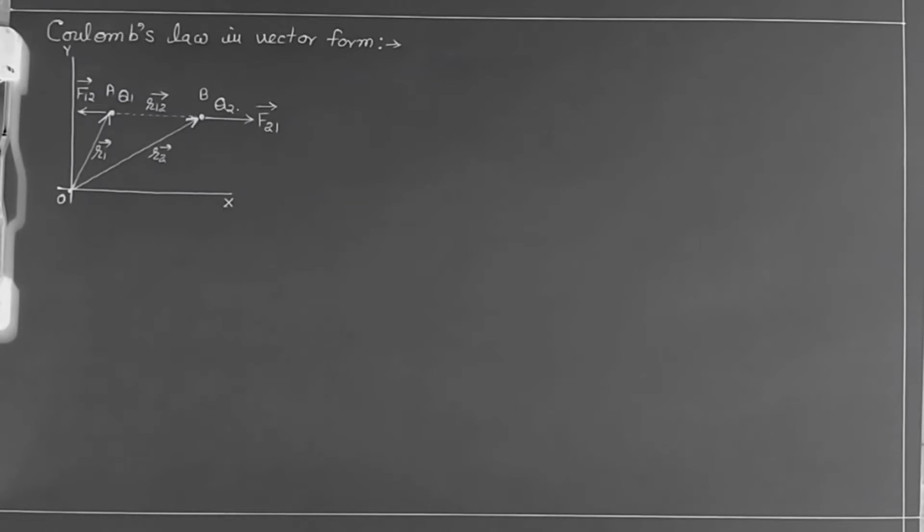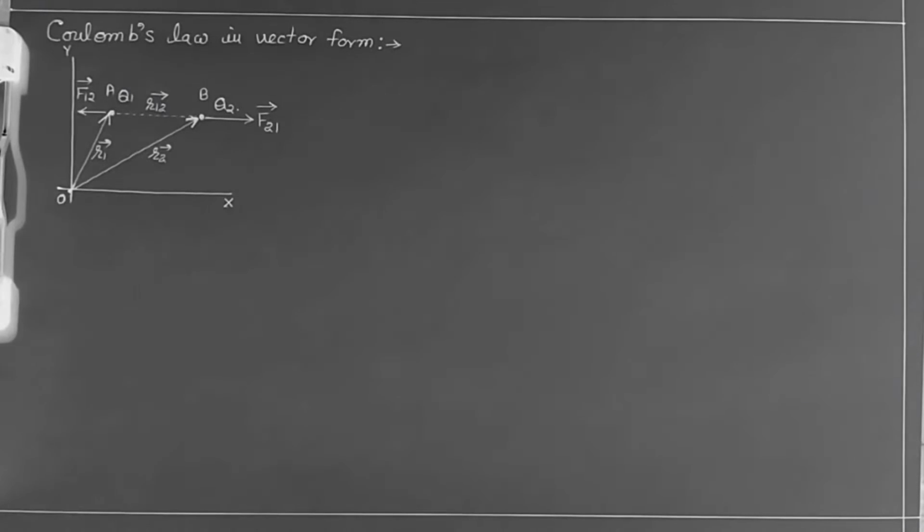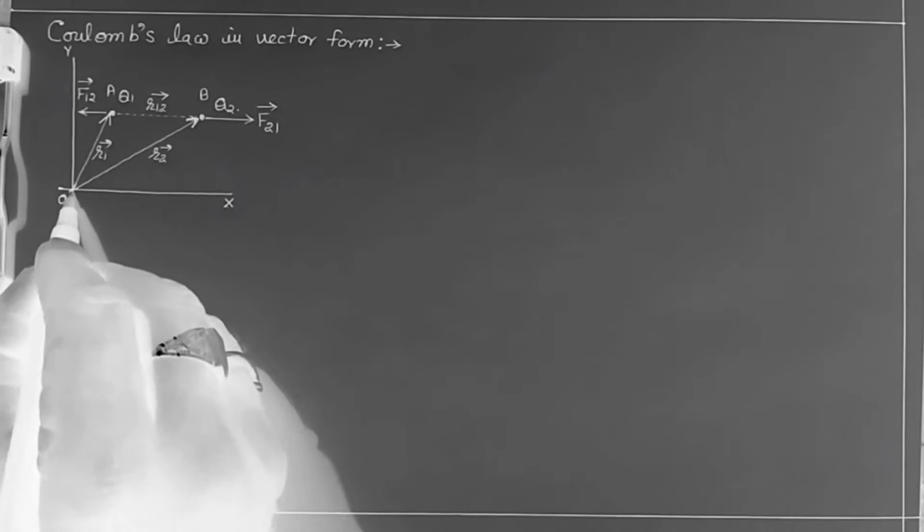Now in this lecture we are going to express Coulomb's law in vector form, how it looks in vector form. For this, students, consider a two-dimensional coordinate system, this is OX and OY, where O is the origin.